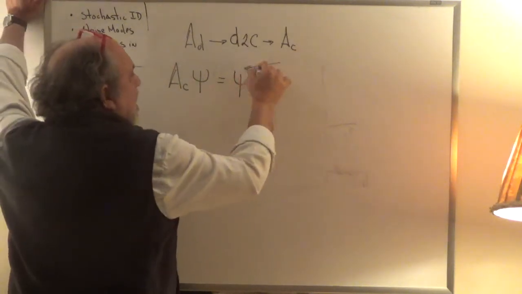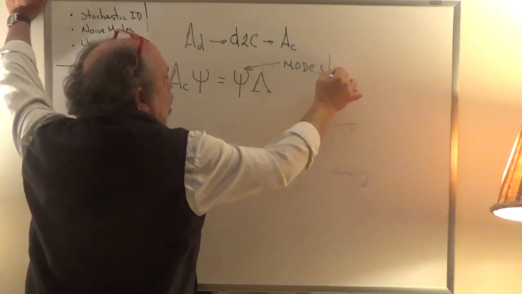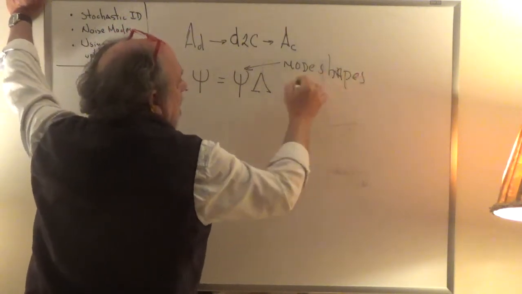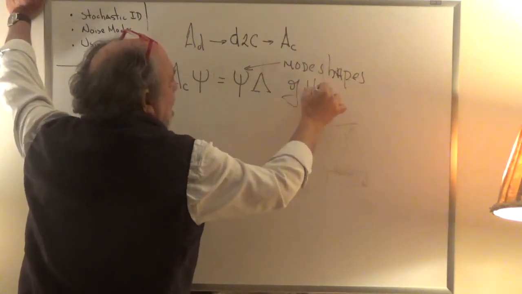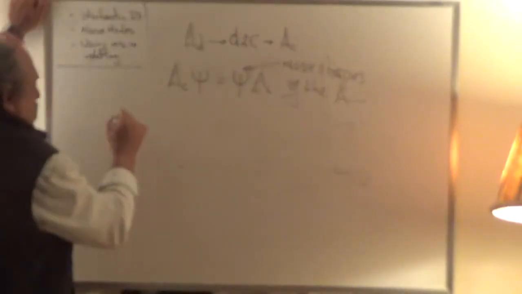These are the mode shapes of the A matrix.